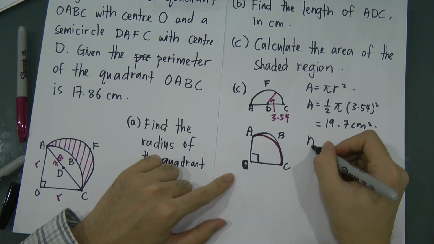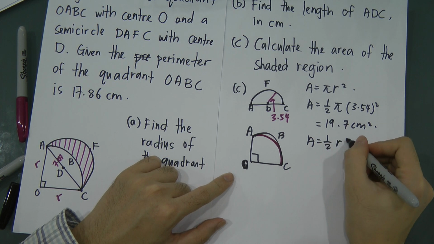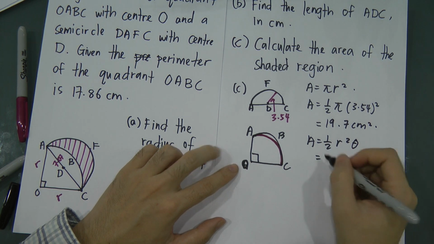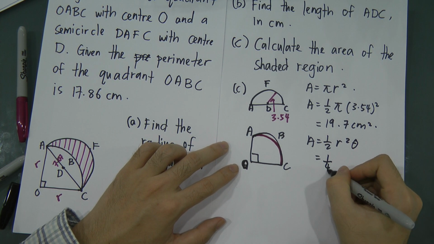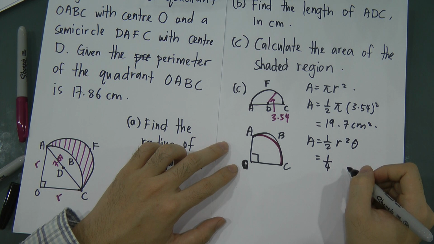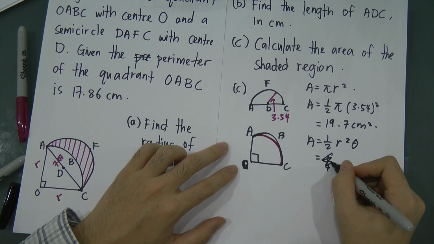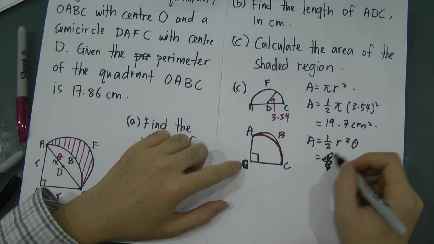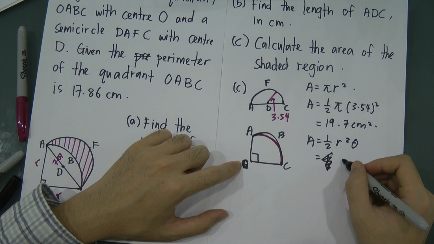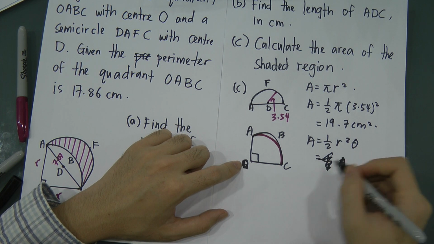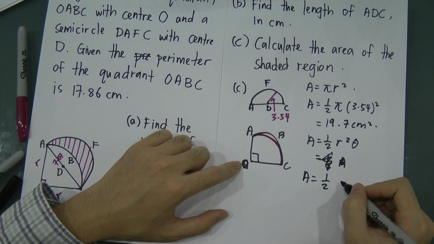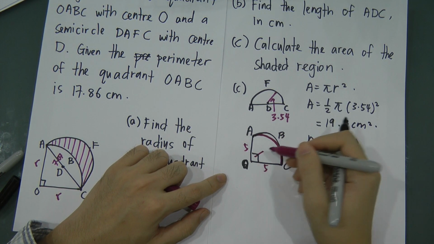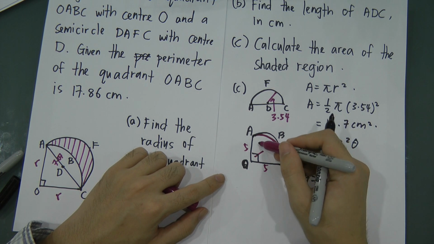So the area of a sector is what? Very easy, 1/2 r squared theta. So this is a quadrant, right? You can use this formula easily, or you can use pi r squared divided by 4. So the area equals 1/2, r is what we got just now, equal to 5, and this angle we also got just now, is 1.57.